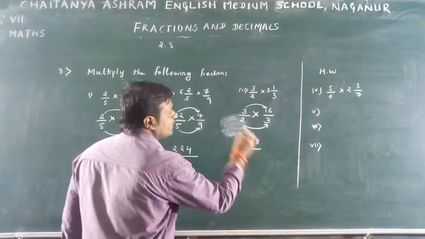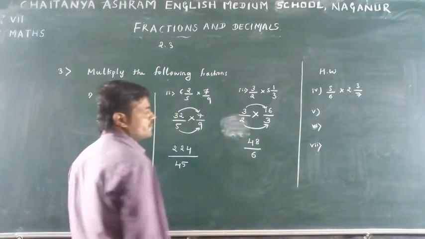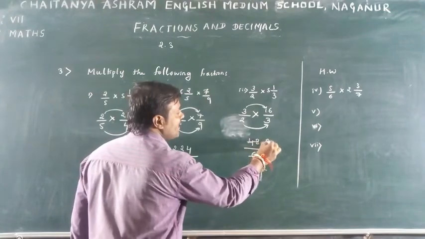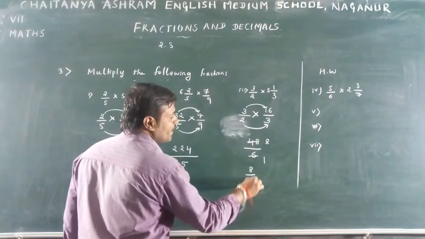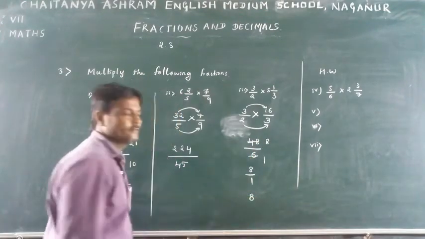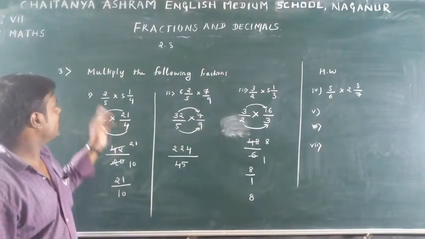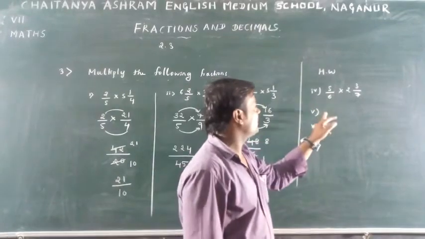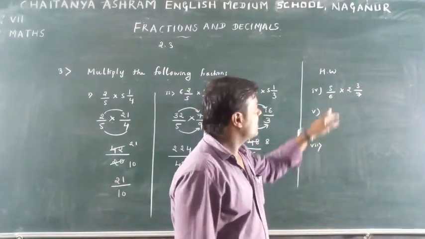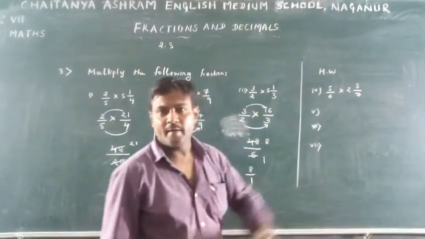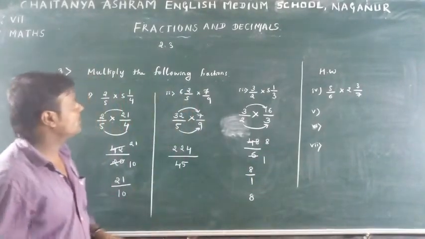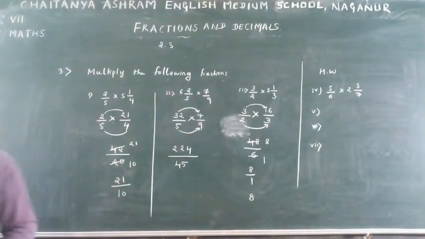Then 2 into 3, 6. Then cancel it. 6 1s are 6, 6 8s are 48. 8 by 1 means 8. Clear? So dear children, I solved first one, second one and third one. You solve fourth one, fifth one, sixth one and seventh one. For these, refer textbook and write it in your homework book. Now pause the video, write the solutions.